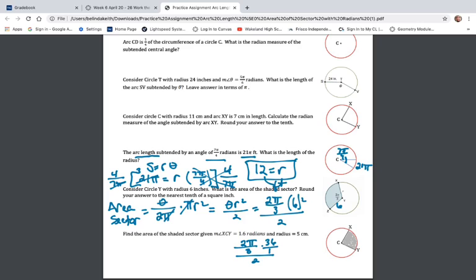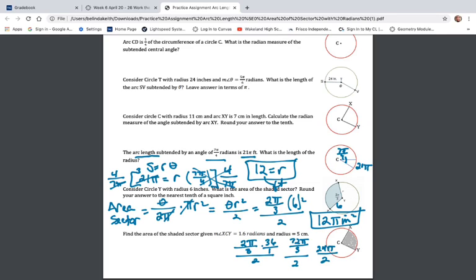Well, 2 pi times 36 is 72 pi divided by 3, all over 2. 3 goes into 72 pi 24 pi times. You still divide it by 2. So your answer on this one is going to be 12 pi inches squared because it's area.